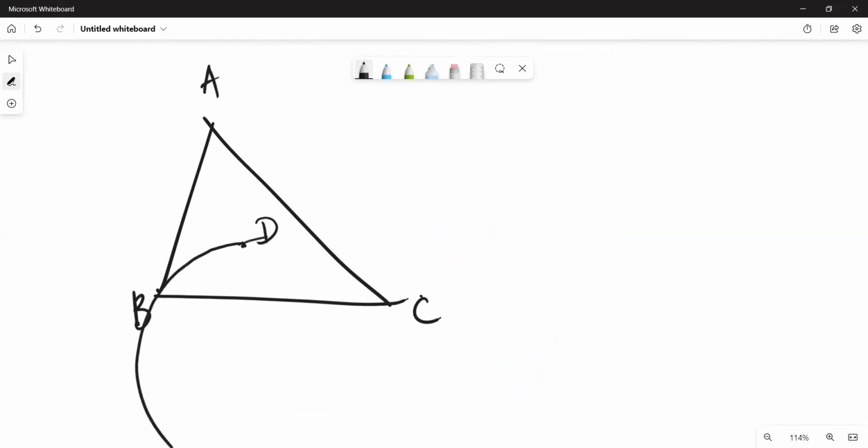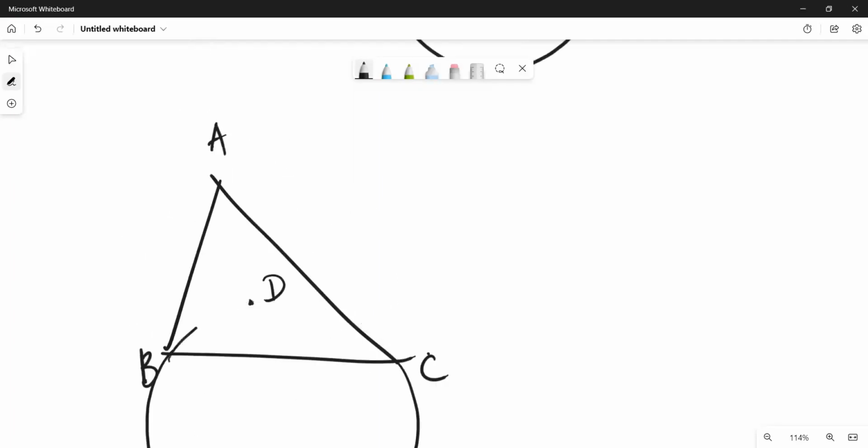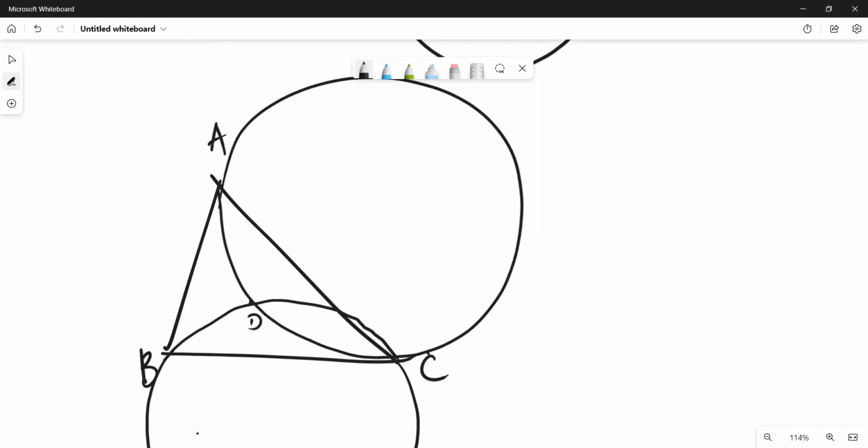Now we draw three circles, B, D, and C, like that, like that, and like that.